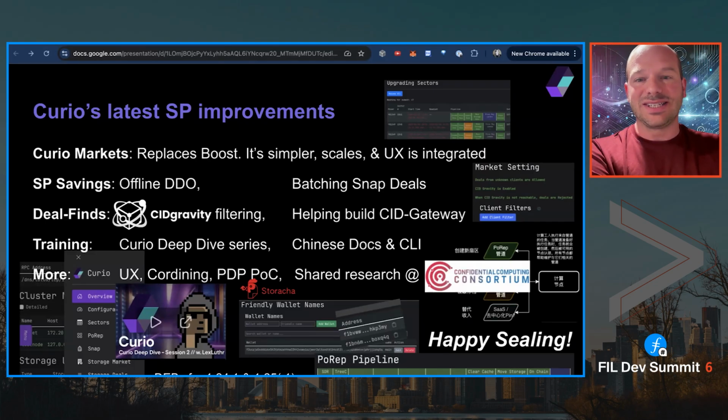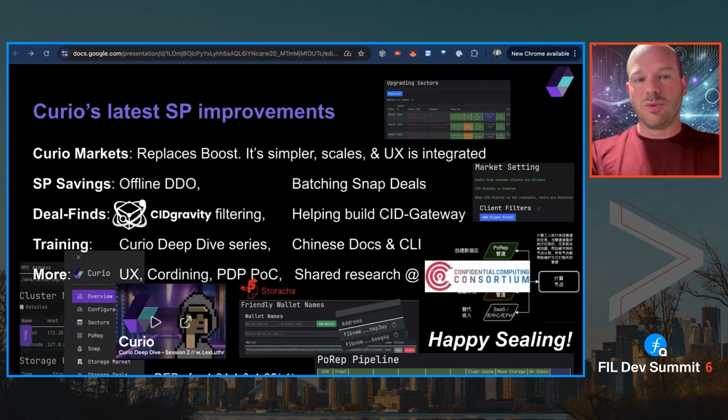Since CID Gravity is the big deal filter, we went ahead and have that integrated into Curio now. So along with existing CID Gravity users who have a workflow on the CID Gravity site, we now have filters that are somewhat similar right in the Curio UI that you get to use and get the same kind of filtering that has done well so far with CID Gravity.